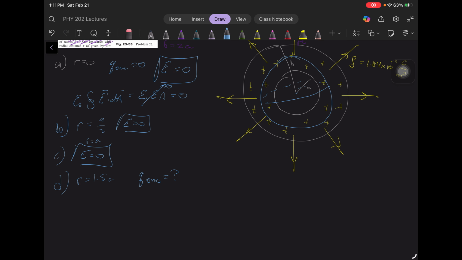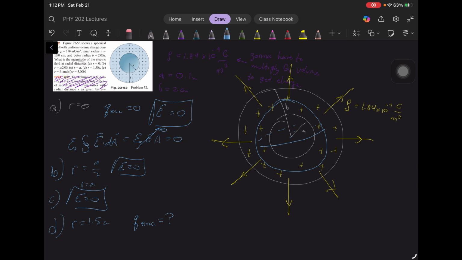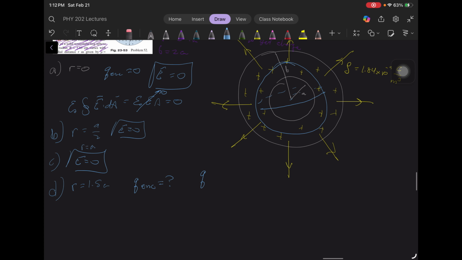Okay. Well, let's first just look at how much charge total there is. We're going to say rho gets us to some total charge Q. And so Q is going to be equal to rho times, well, if it was a solid sphere, it would be just the volume of the whole sphere.